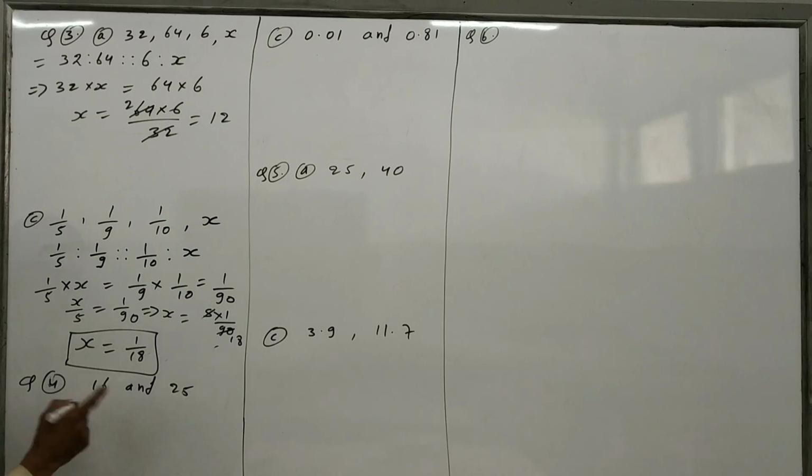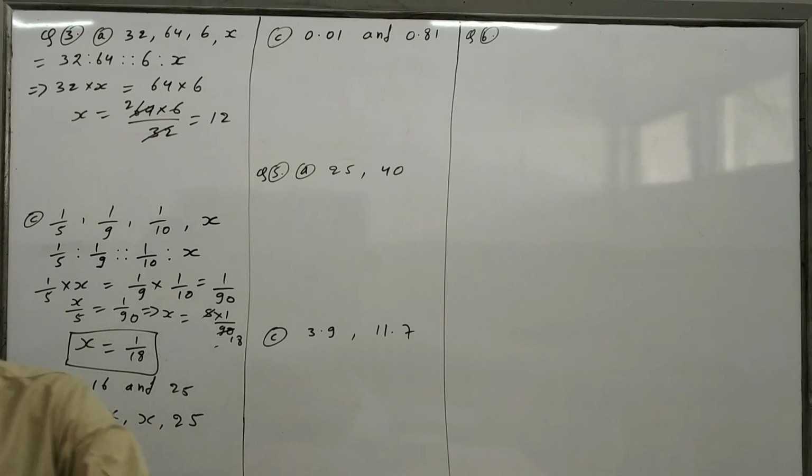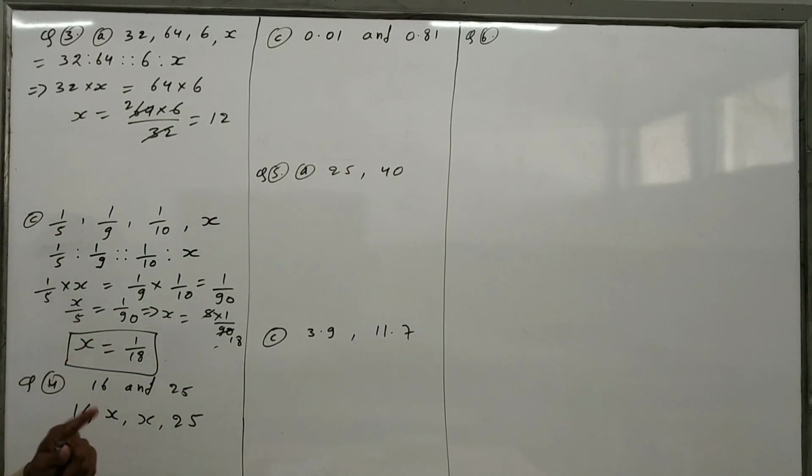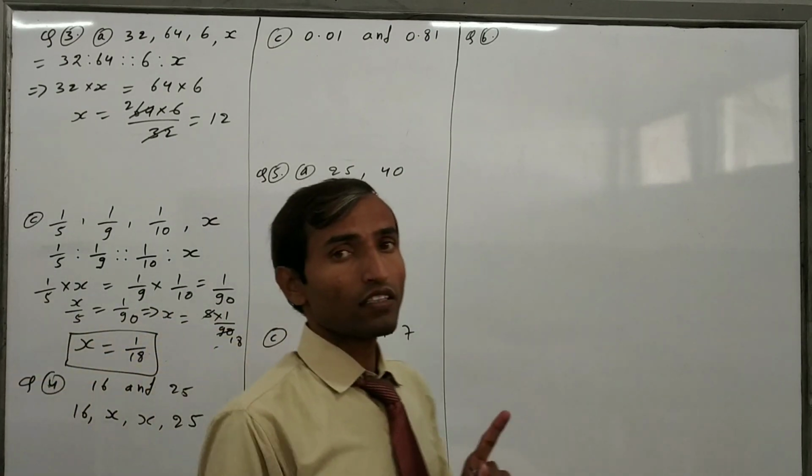We suppose the middle term, that is the mean term. So 16 comma x comma 25. Here only 2 numbers are given and the mean term is not given, so we suppose the mean term is only 1, that is x.